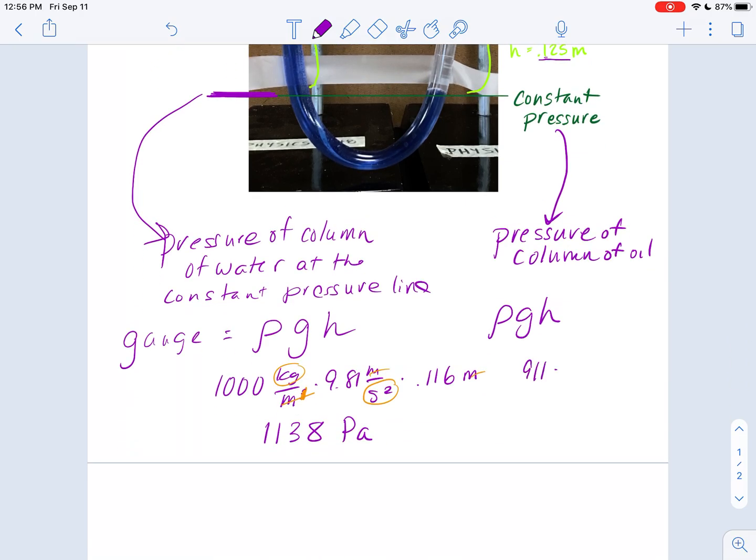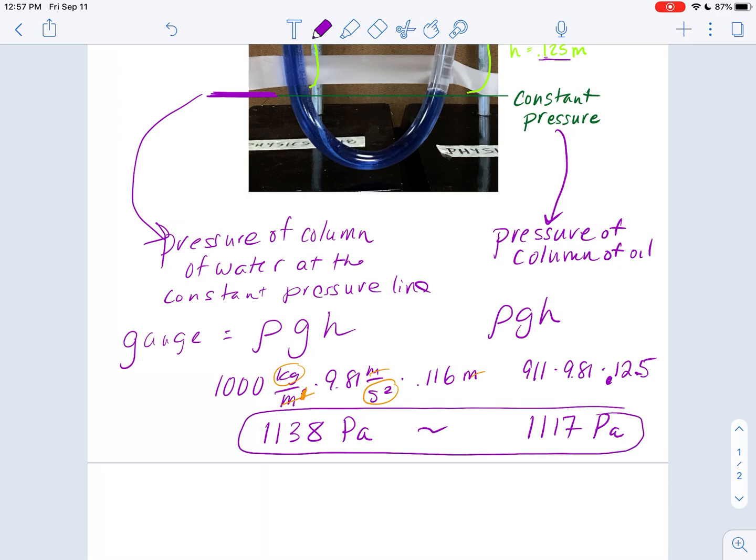It's 911 times 9.81 times 0.125, and I get 1117 pascals.